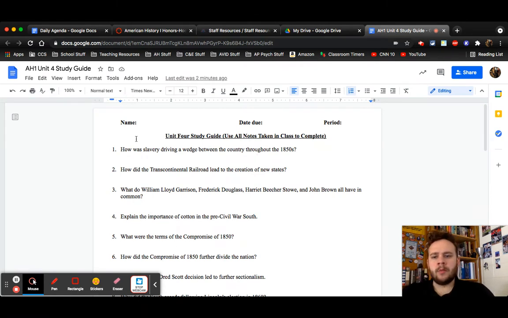So number one, how was slavery driving a wedge between the country throughout the 1850s? I mean, how was slavery not driving a wedge throughout the country? As long as you say something along the lines of how slavery was dividing the country between North and South, sectionalism, spreading west as westward expansion was continuing into the 1850s.